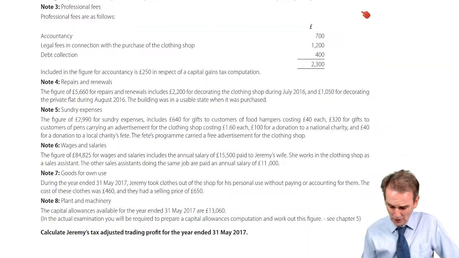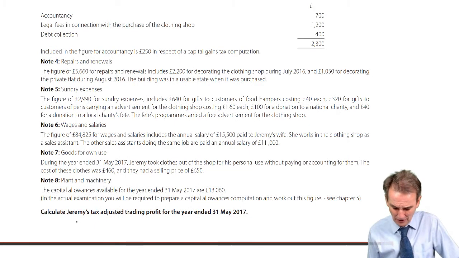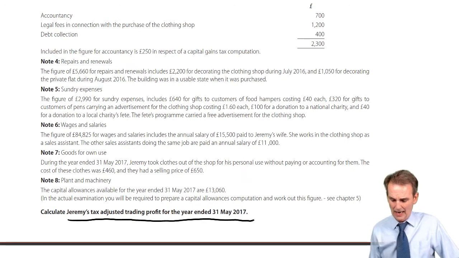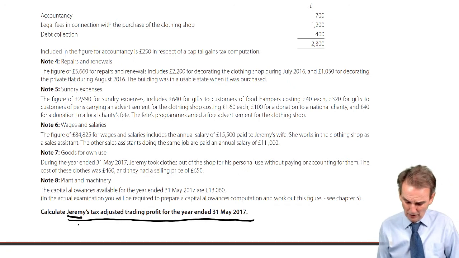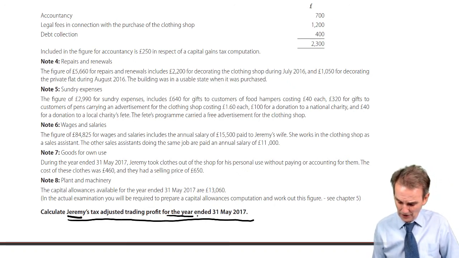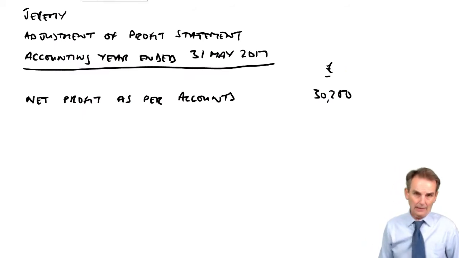Okay, well, we've got our example here, example 1, to now work through and what is the requirement on this, as it always would be, to compute for the taxpayer, here the taxpayer is Jeremy, tax adjusted trading profit for the year ended 31st of May 2017. Now, if it's a written question, then we'll set up our adjustment of profit statement for Jeremy, and it's for the year ended 31st of May 2017. Here, as they say, is one I prepared earlier, and it would look like that.